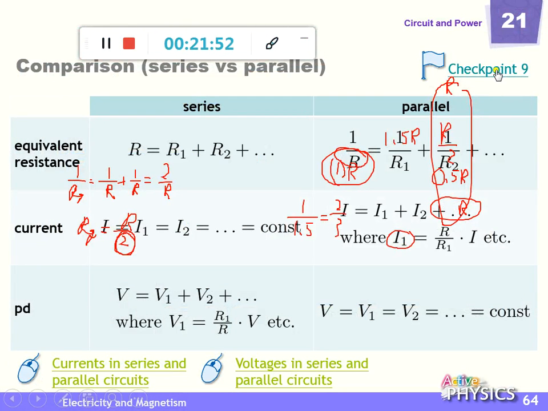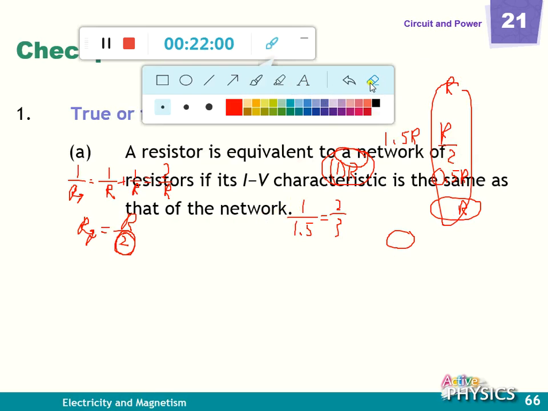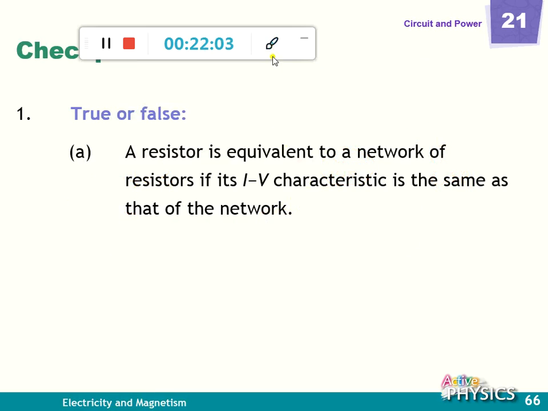Okay, now chapter 9. Okay, look at this. True/false question. A resistor is equivalent to a network of resistors if its IV characteristic is the same as that of the network.